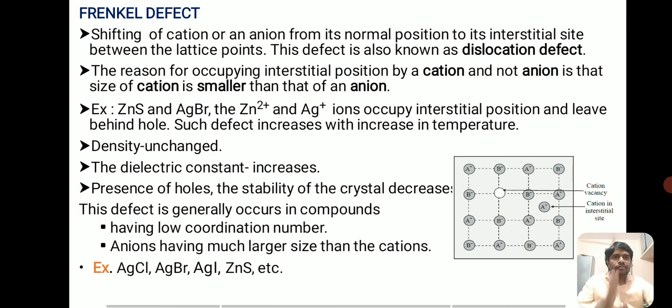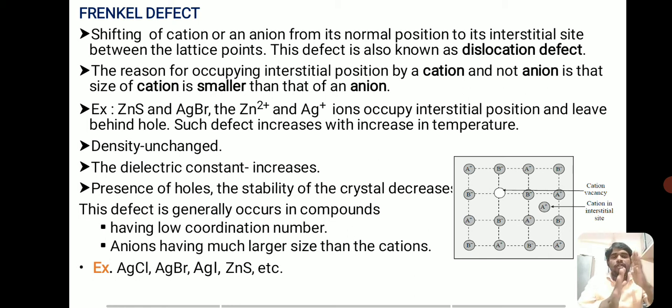The reason for occupying an interstitial by a cation: you can observe here the cation occupying the interstitial position and not an anion. It's because the size of the cation is smaller than that of the anion. Examples for this kind of defect are zinc sulfide and silver bromide.